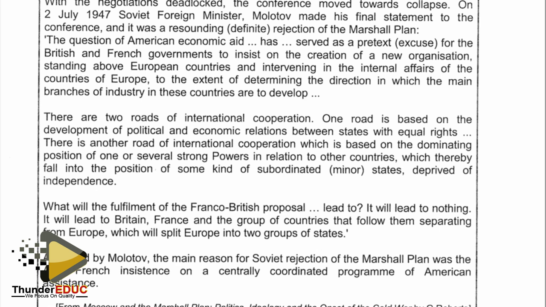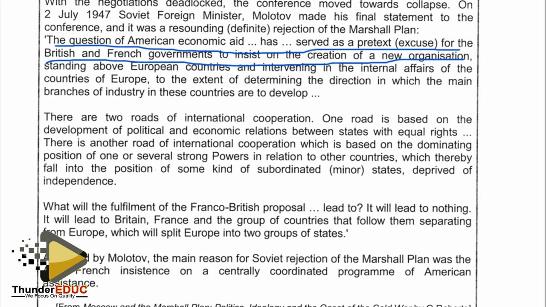If you can check here, the question of American economic aid has served as a pretext for the British and French governments to insist on the creation of a new organization standing above European countries, and to intervene. That was his last statement.